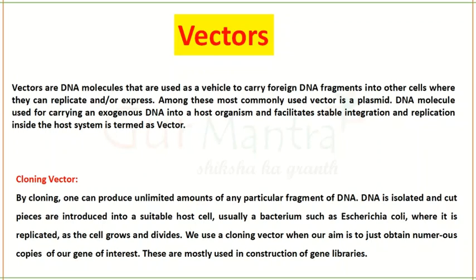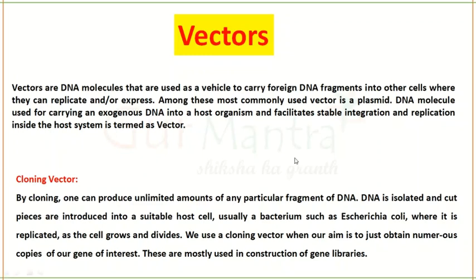What do you understand by cloning? Cloning is nothing but producing the same thing, identical copies, right? That is what we call cloning. So cloning a vector means a particular fragment of DNA is going to get cloned. Multiple copies will be produced.